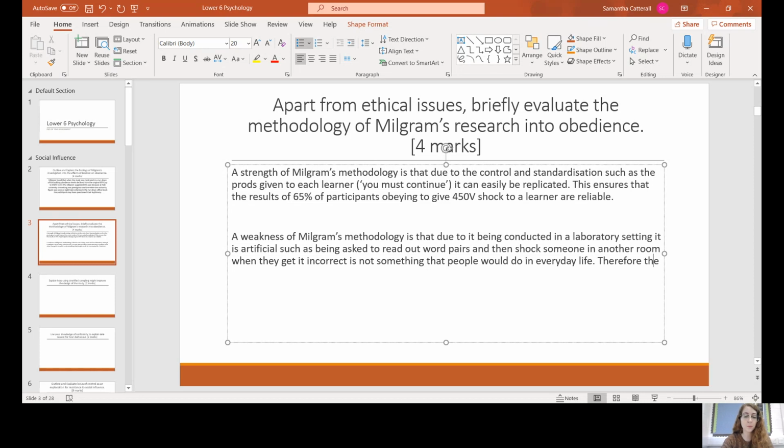Therefore, the results of 65% obeying are false. In fact, I'm going to change it because we've already said that. 100% obeying to 300. Validity.